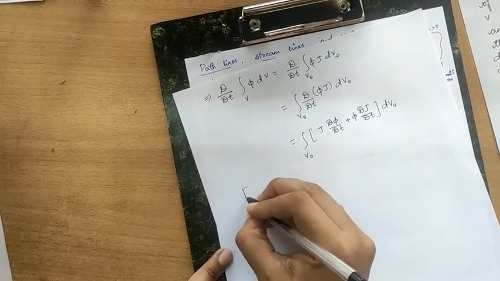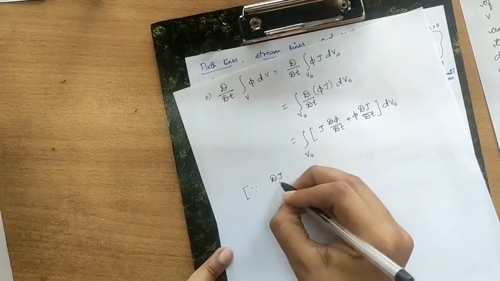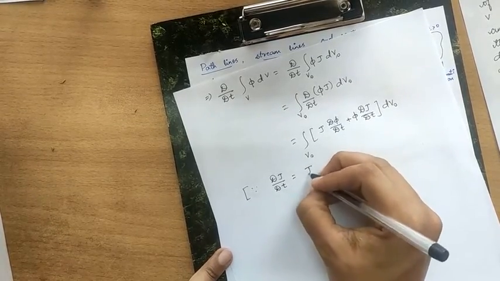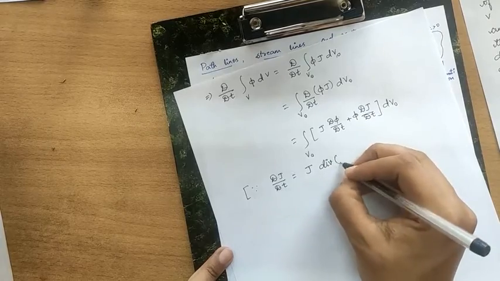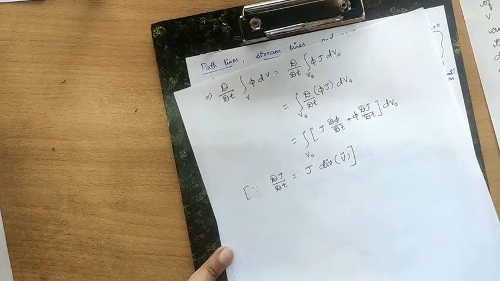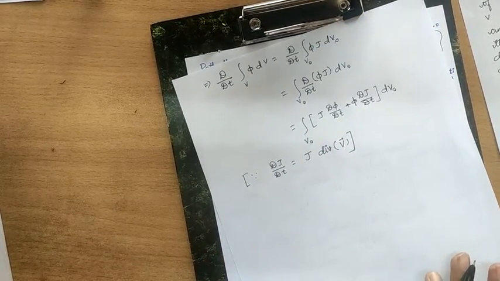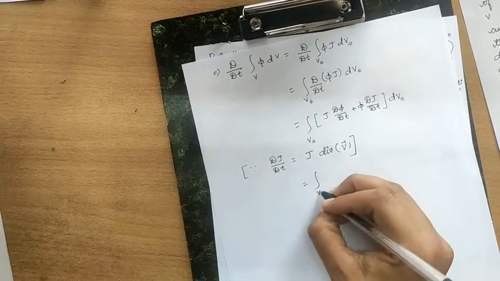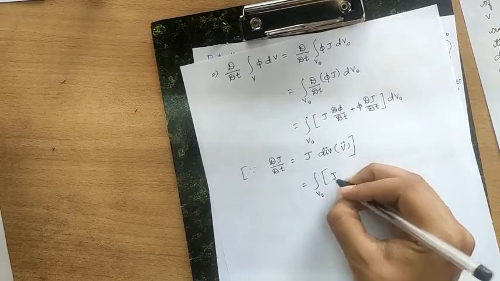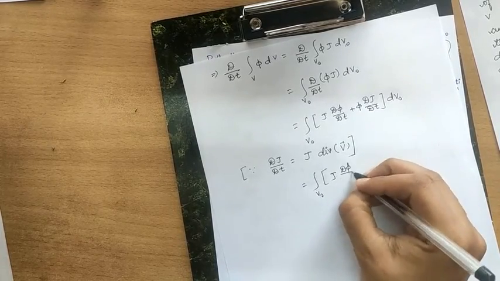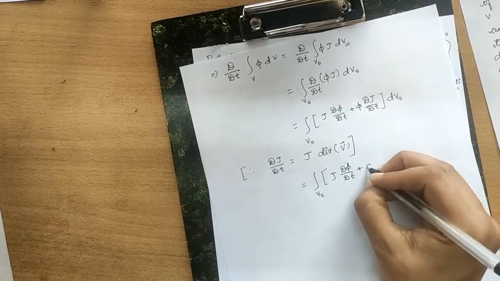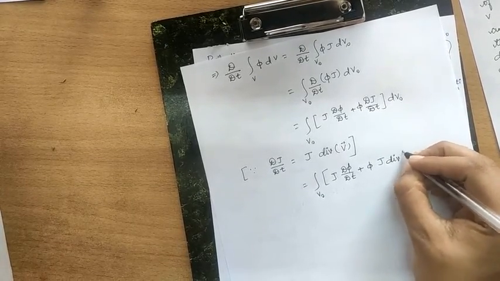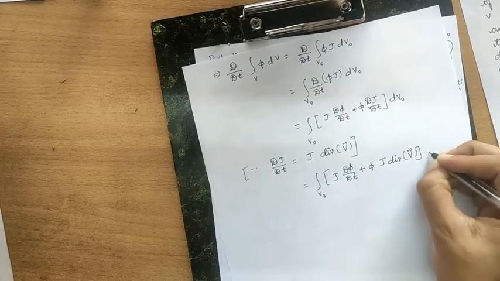Now dJ by dt, using Euler's formula, is nothing but J into divergence of v. This is one of the vector identities. Substitute this here. So you will get integral over V0 of J d phi by dt plus phi J divergence of v, dV0.